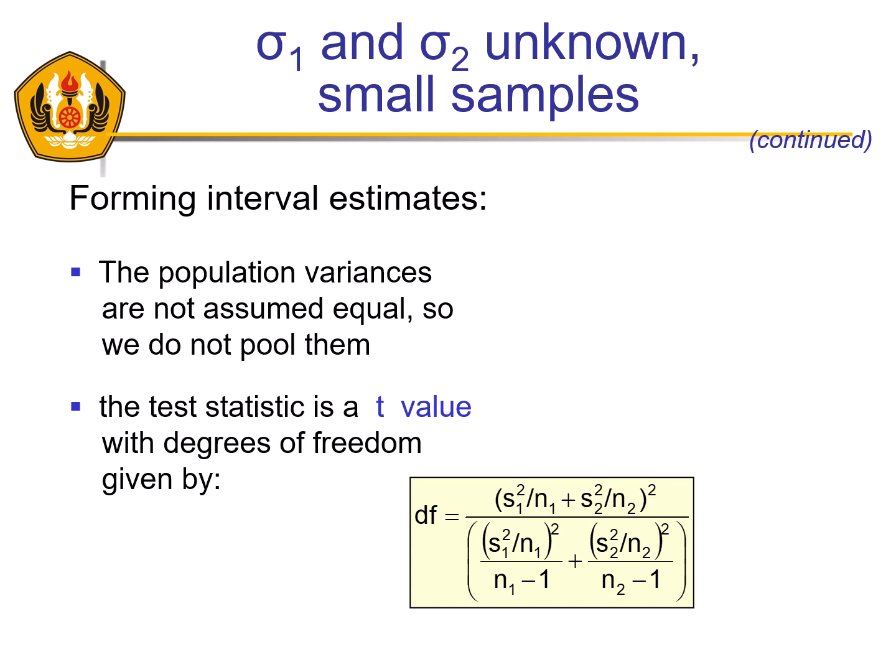The df is the degrees of freedom. It comes from (s1 squared over n1 plus s2 squared over n2) all squared, divided by [(s1 squared over n1) squared over (n1 minus 1) plus (s2 squared over n2) squared over (n2 minus 1)].